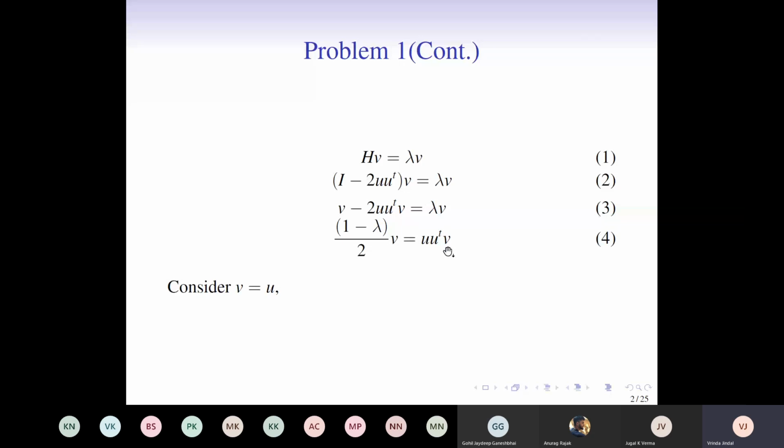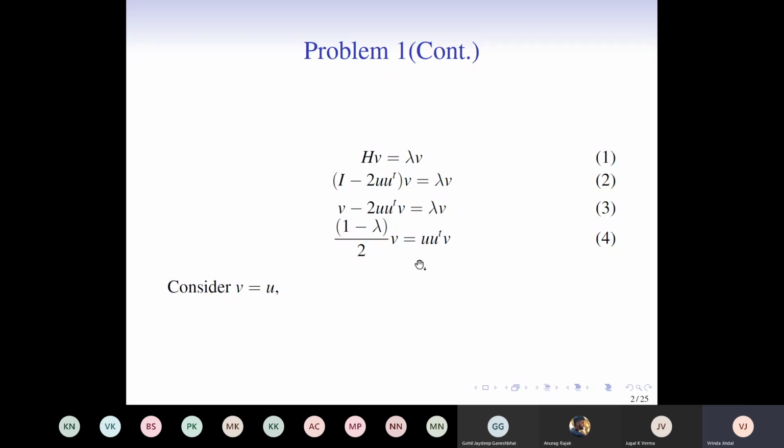If V is an eigenvector for UU transpose and lambda dash is the eigenvalue corresponding to this V, then we can find lambda, that is lambda dash is equal to 1 minus lambda by 2. So this is what we will try to do. We will try to find V such that we get some sort of an eigenvalue eigenvector relationship.